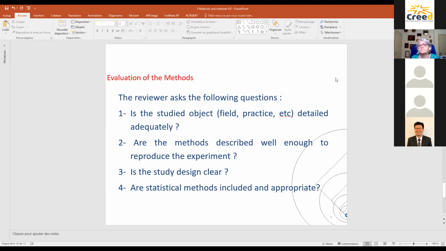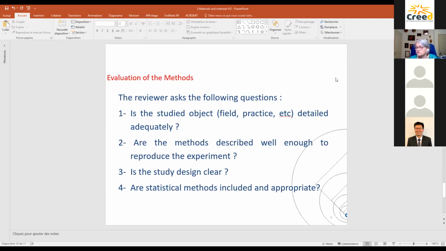So, can I redo the method if I have access to that population or those chemicals or the machine that did that? Can I do exactly the same thing? Do we understand what was done? Is the study design clear?